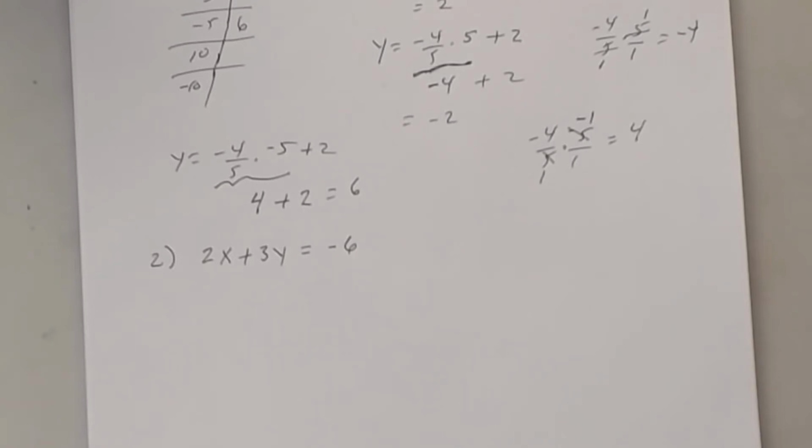All right, so that was a little bit more complicated to deal with, just the way it looks. In the problems we just had, y was by itself, so it made things a little bit easier for us. So what you want to do is get the term that has y by itself first.